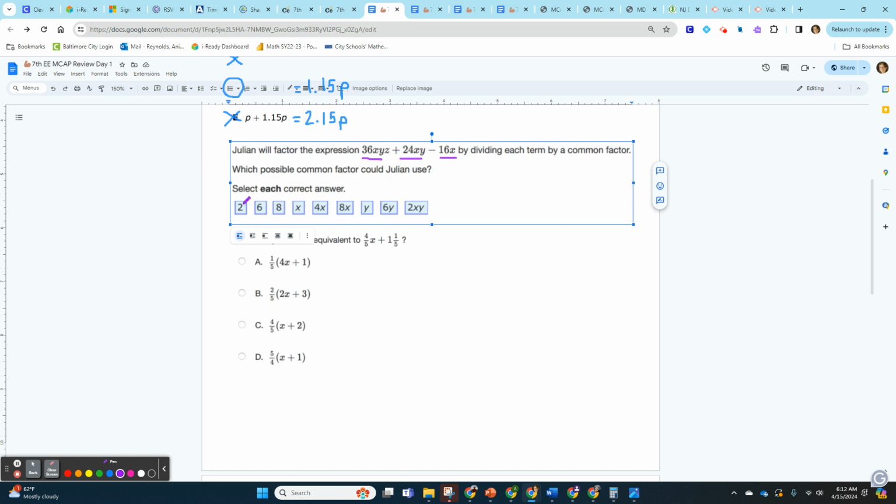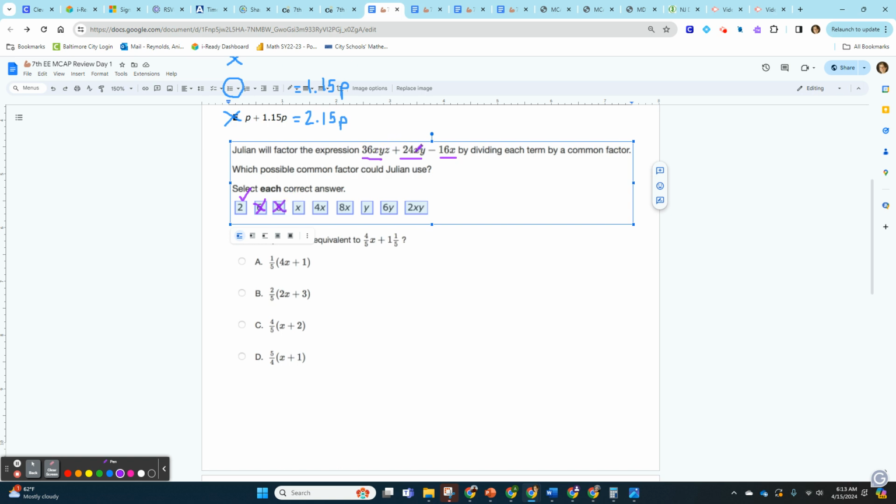If I first check 2, all of these coefficients are divisible by 2, so 2 would work. 6 goes into 36 and 24, but it does not go into 16. So because of this term, 6 would not work. I'm going to check 8. 8 goes into 36? Nope. So 8 would not work.